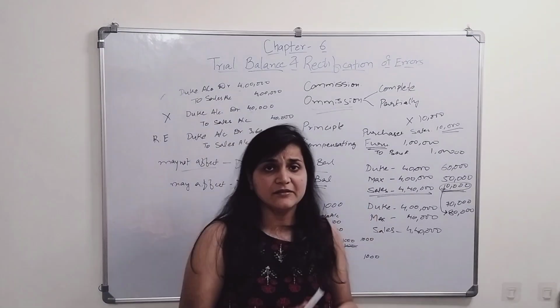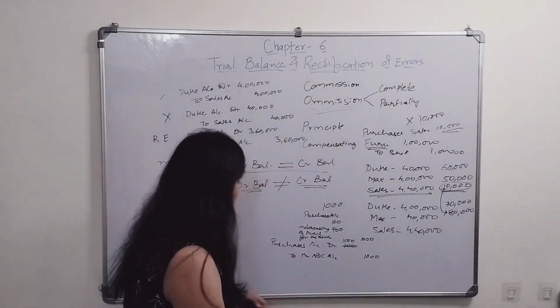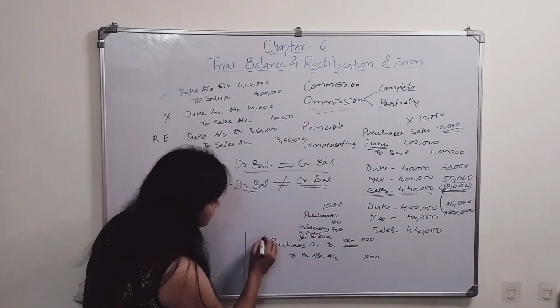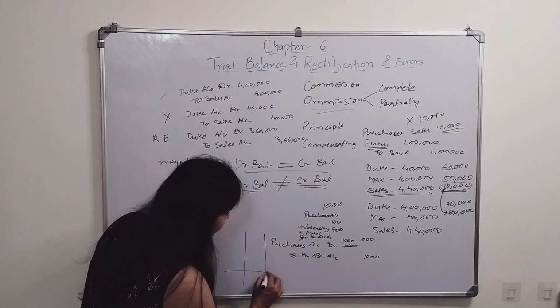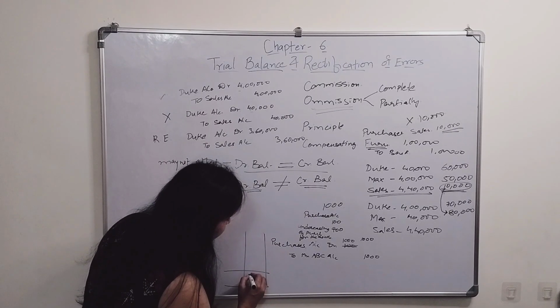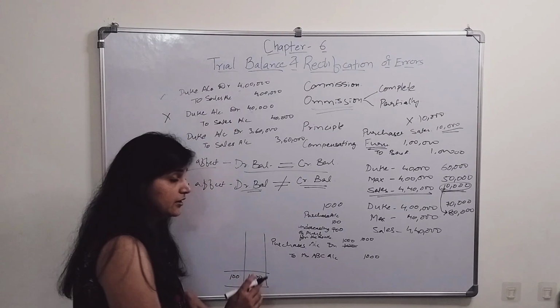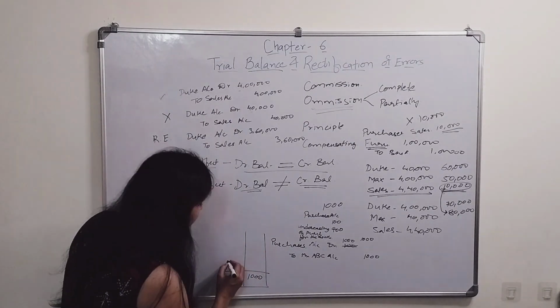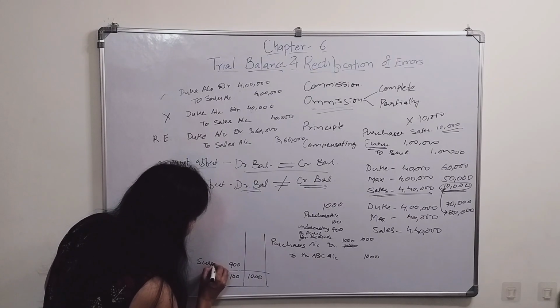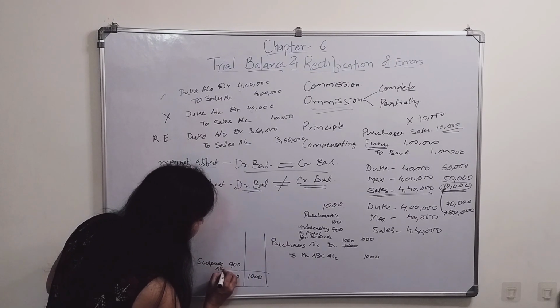Let's say it happens in the trial balance. In the trial balance, the debit balance does not tally with the credit balance. It is showing 1000 over here, it is showing 100 rupees over here. So what you need to do is prepare a suspense account. Now what is a suspense account?